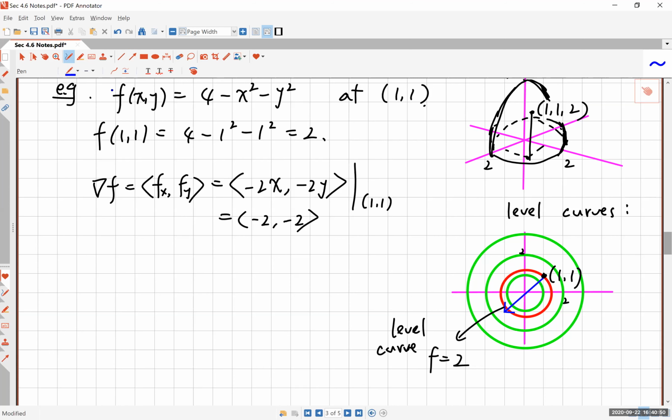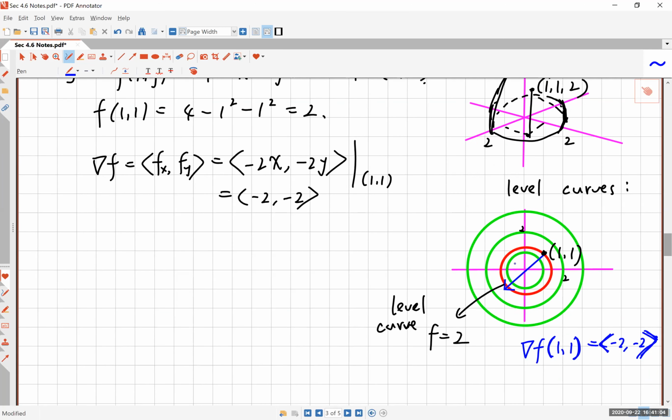So the gradient at the point 1, 1 is negative 2, negative 2. Notice here I use parentheses to indicate the point and angle brackets to represent the vector, right? So this is my gradient. And what this gradient is showing is the magnitude of the gradient, the square root.